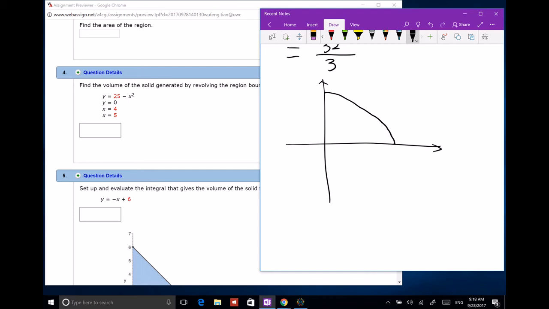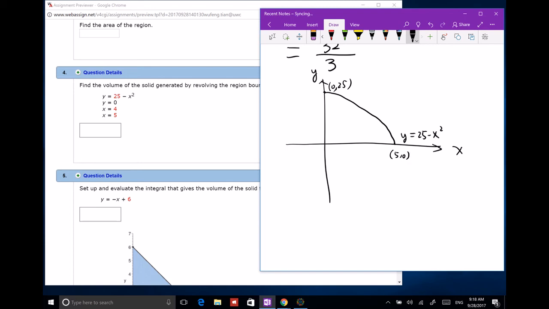It's a parabola. And y equals 0 is the x-axis. This is the y-axis. This point is 0, 25. This is 5, 0. You can see 25 minus 25 is 0.